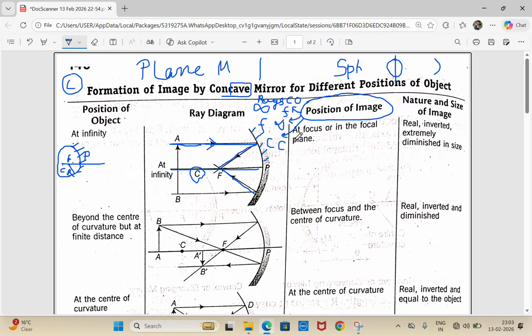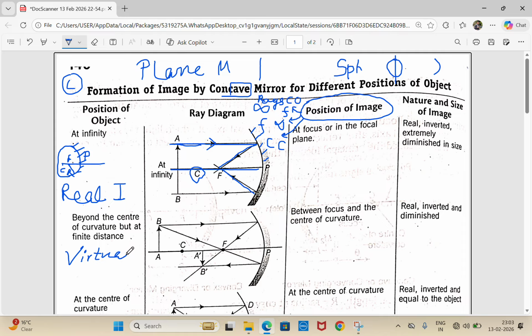So you can remember like that: if it is a real image, then it must be inverted, and if it is virtual, then it must be erect.